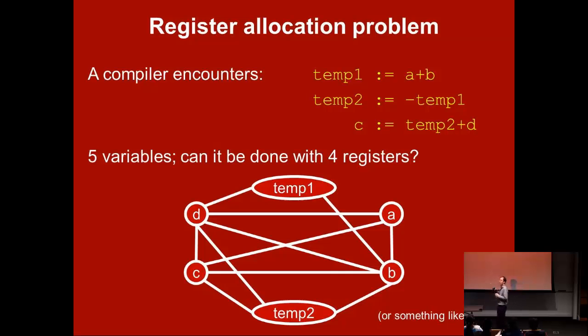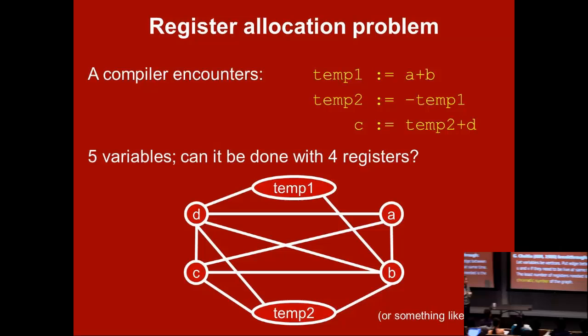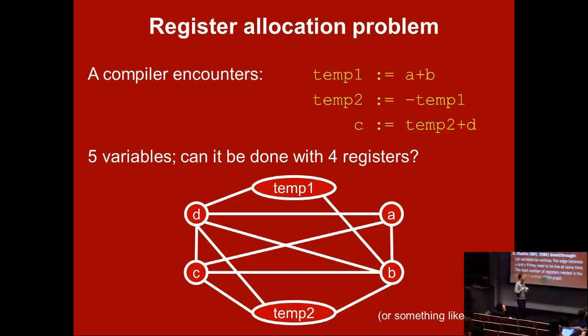This is the kind of stuff they thought about in compiler theory in the 60s and 70s. And apparently there was a big breakthrough in 1980 by this guy who's famous for other reasons, Chaitin, who was working at IBM at the time. He had a fairly simple idea to make a graph out of it. Say you've got some code like this, make a graph where the variables are vertices, and you put an edge between 2 vertices if these variables need to be alive at the same time.